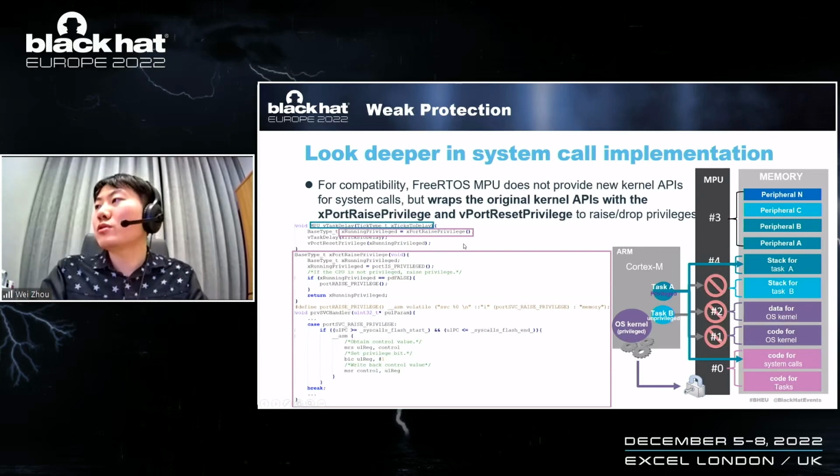It will be forced to call the system call, and the system call will raise the privilege and then call the kernel, and the kernel will go back to the system call, reset the privilege, and then go back to the task.